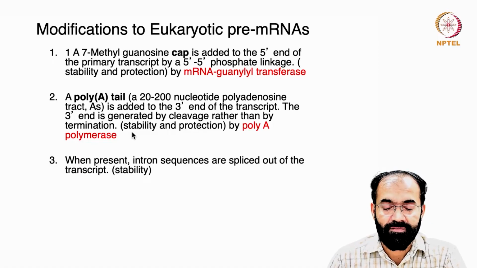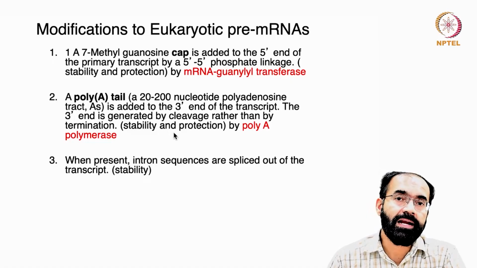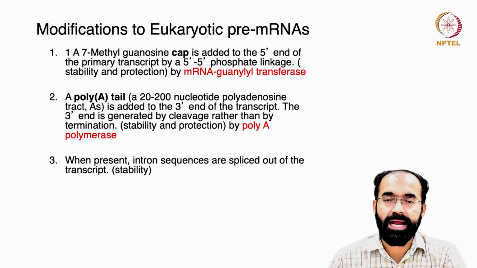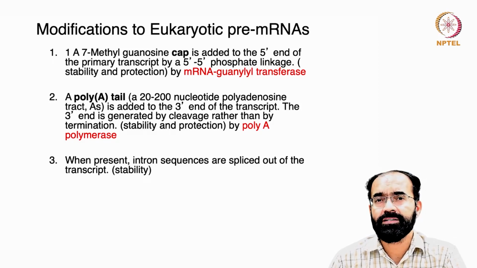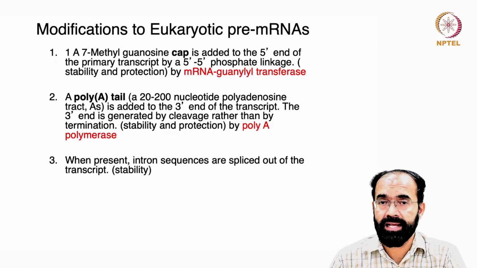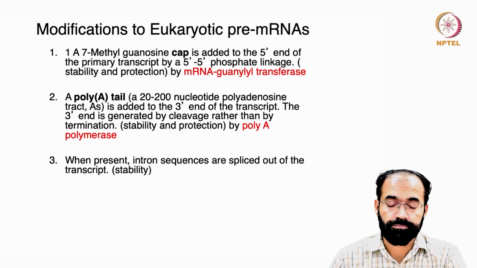Whenever there is a transcription termination signal, the RNA polymerase continues beyond it for some more bases, and then the rho factor, or in eukaryotes other termination signals, will come into the picture and it will fall off. But the release of the RNA has to be helped by certain nucleases.